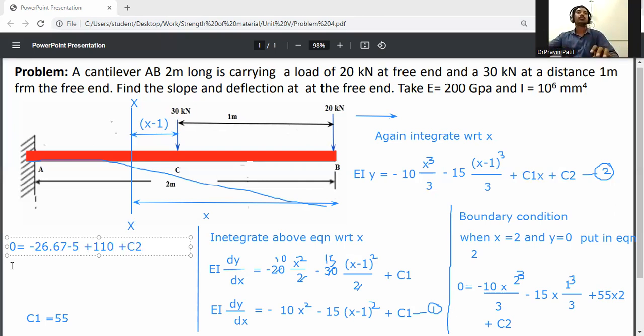From this relation C2 is equal to minus 26.67 minus 5 plus 1110.